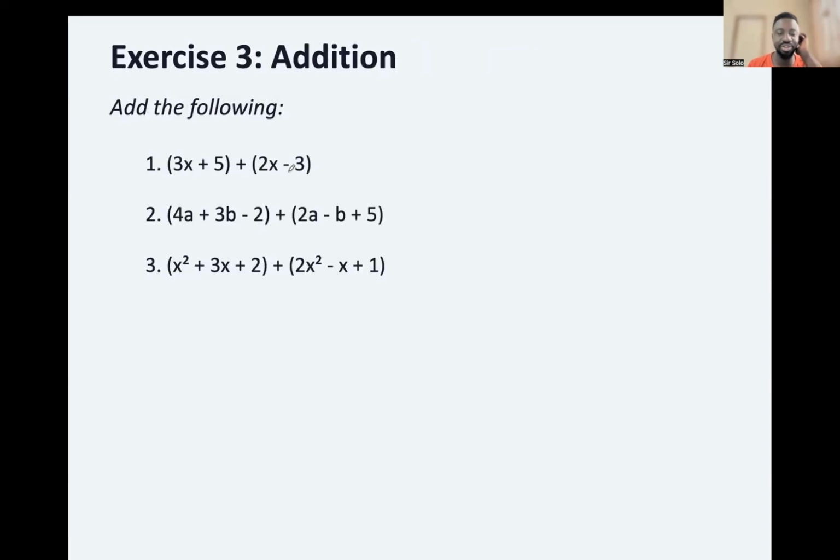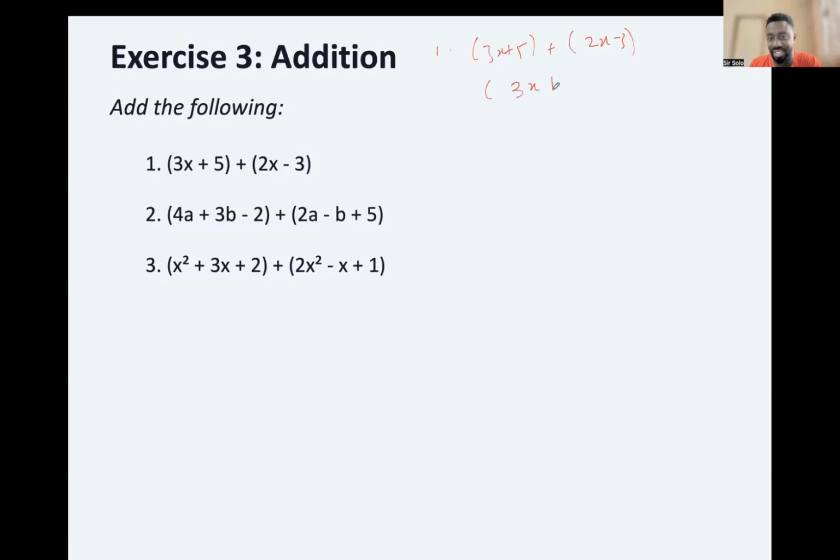Now we are moving on to addition of algebraic expressions. The first one is to add 3x plus 5 to 2x minus 3. We have to group like terms, so you write one under the other.